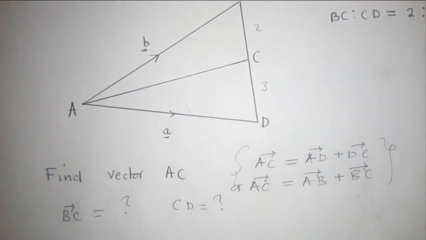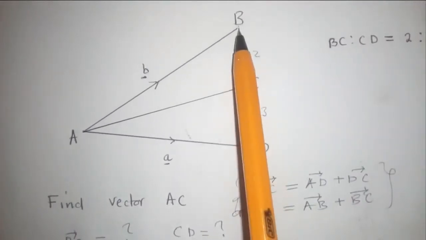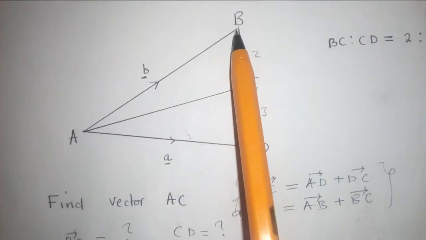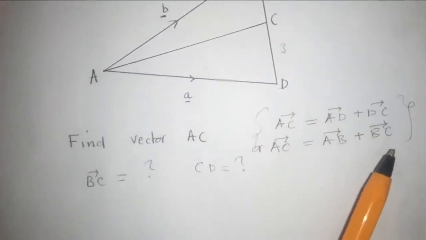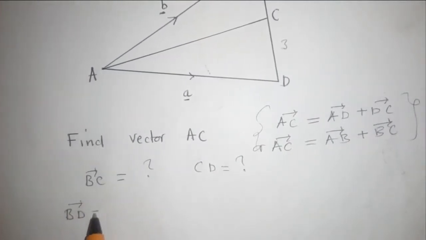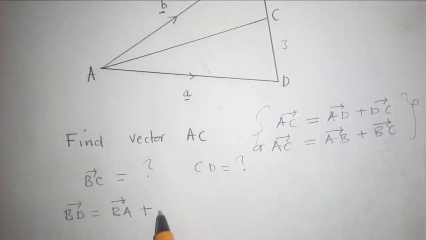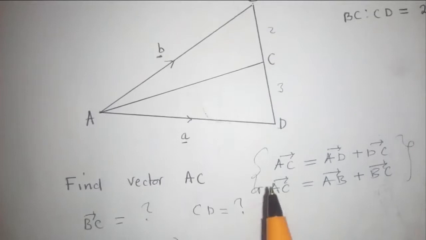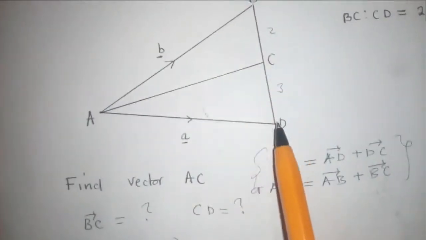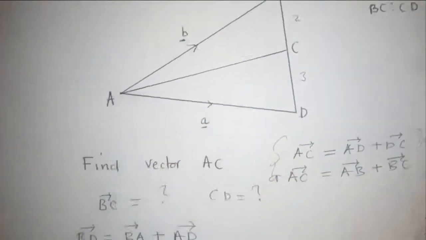Since we have been given a ratio, the first thing is to find the vector BD. So vector BD is equal to vector BA plus vector AD.